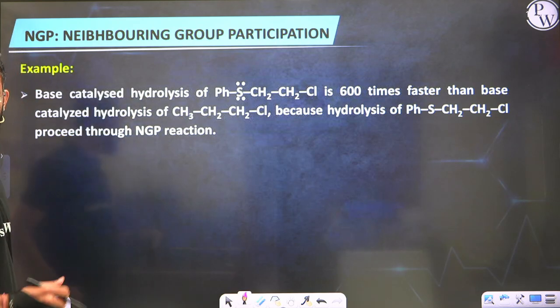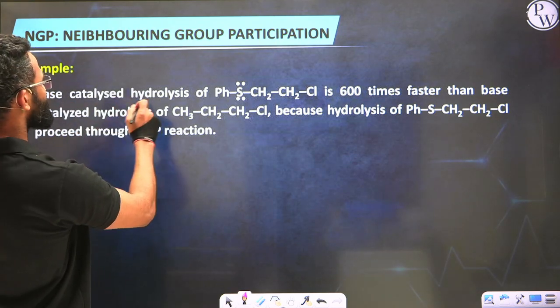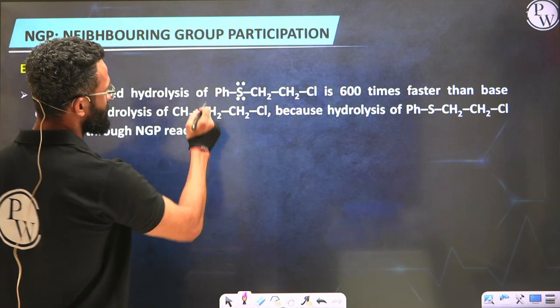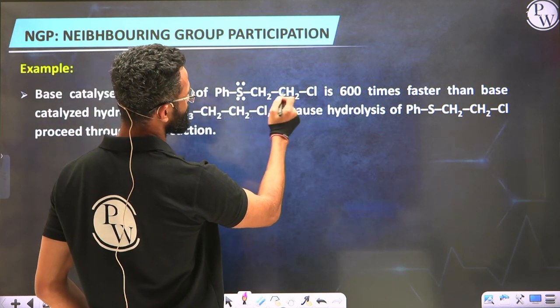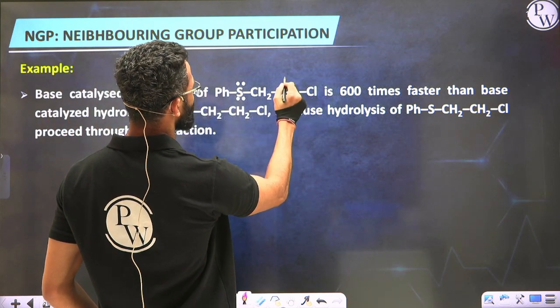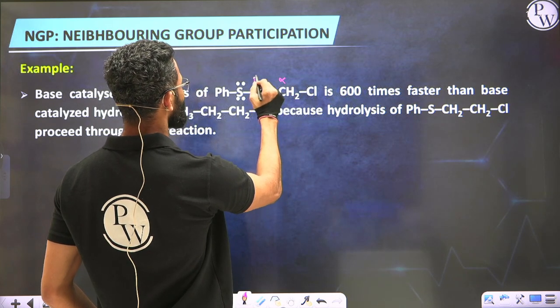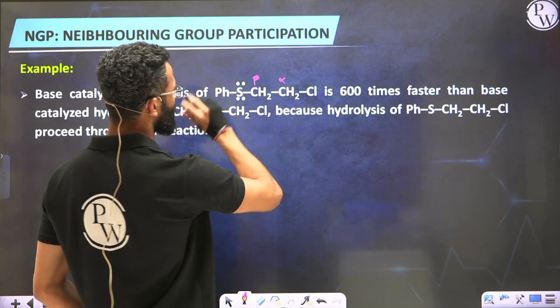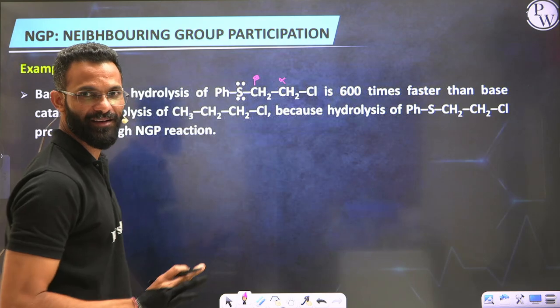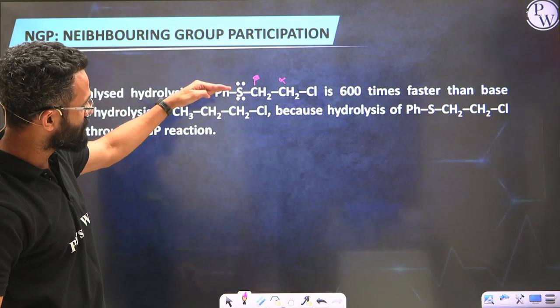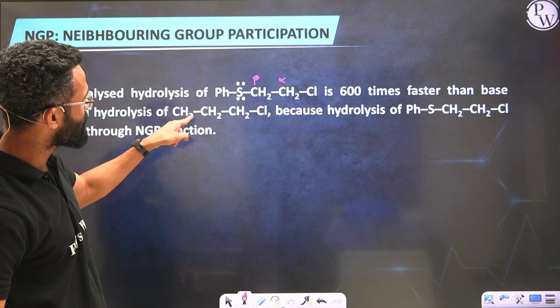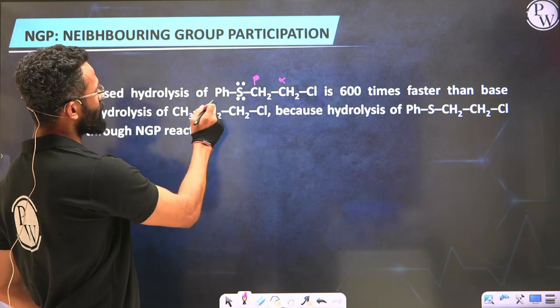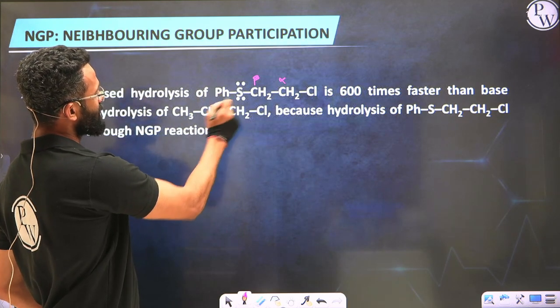Look, base catalyzed hydrolysis of PhSCH2CH2Cl. Well, the carbon carrying the leaving group is alpha, next to that is beta. So at the beta position you have got a heteroatom carrying a lone pair. This substrate, and look at this substrate. The only difference you see here is that instead of phenyl and S, you just have got methyl.